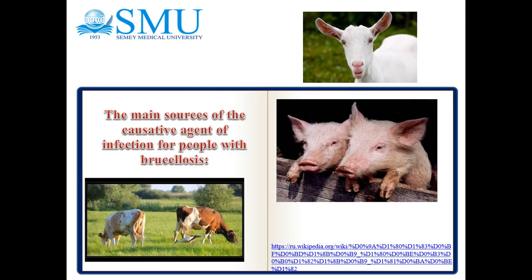The main source of the causative agent of infection for people with brucellosis: cows, goat, pig, and their products. Infected animals excrete the organisms in urine, milk, placenta, and vaginal discharge.